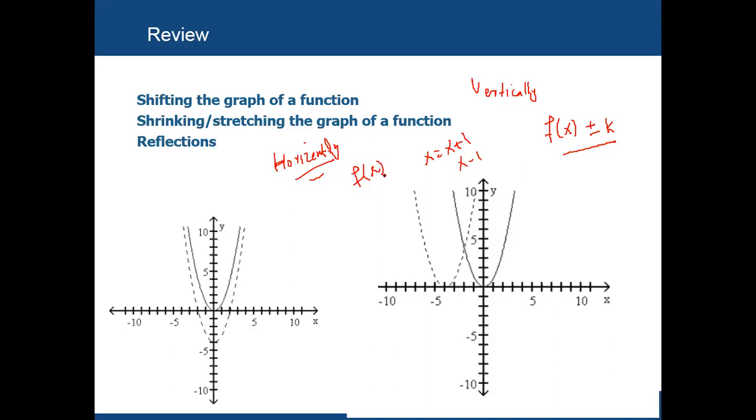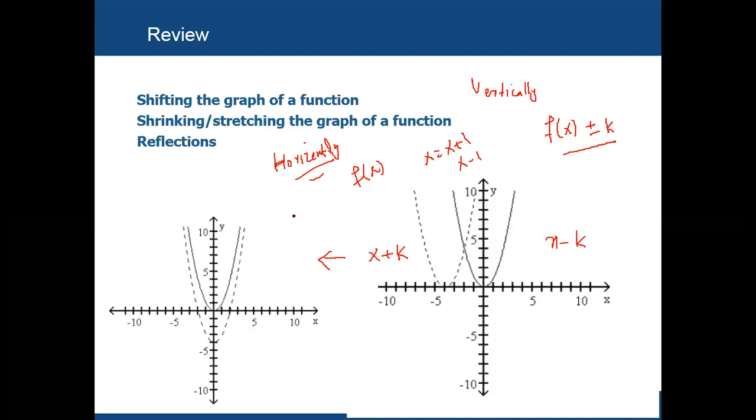It depends. If you want to shift toward the positive x axis, use x minus k, like 1, 2, 3. If you want to shift toward the negative x axis, use x plus k, x plus 1, x plus 2, x plus 3.